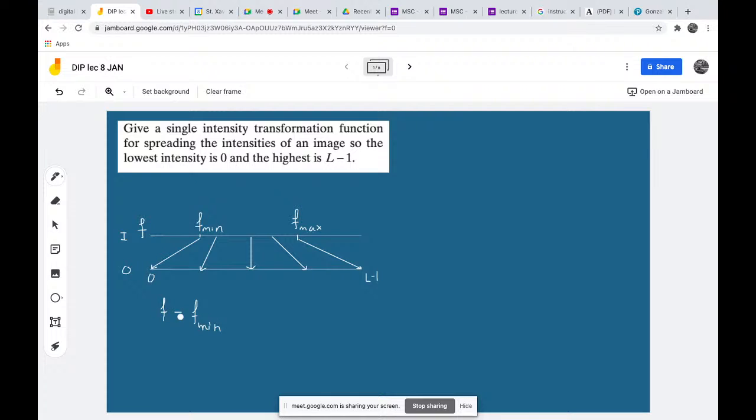So if I do that, whenever f has the value f minimum, f minimum minus f minimum will become 0.